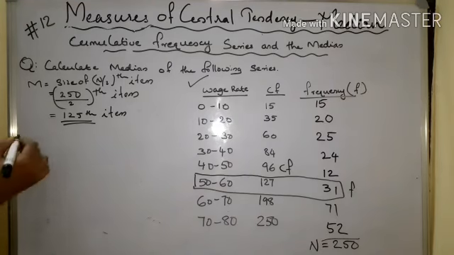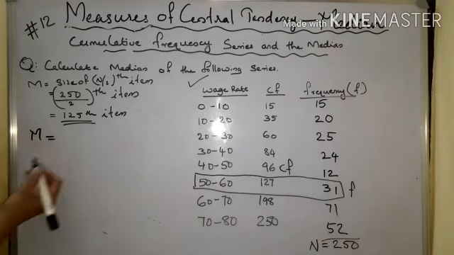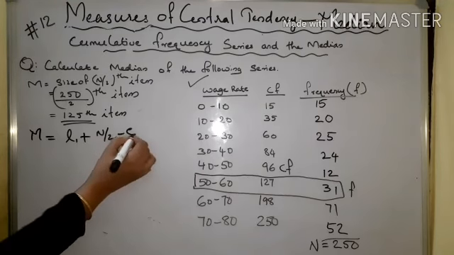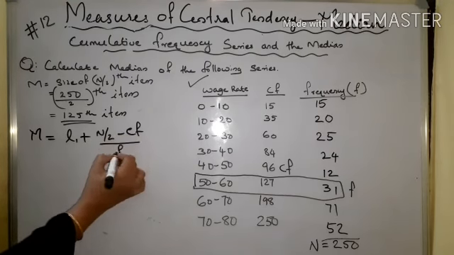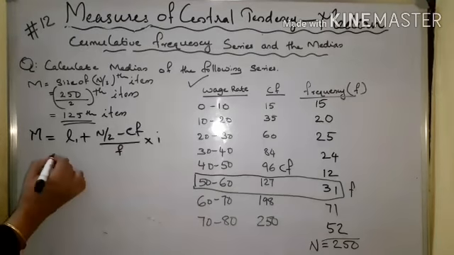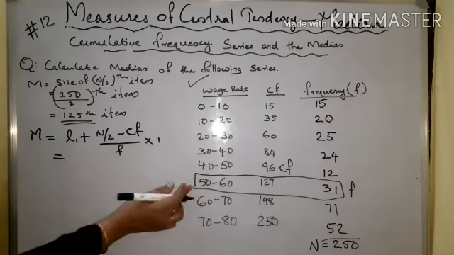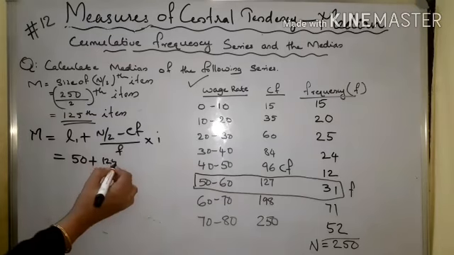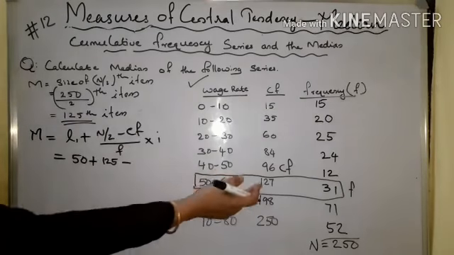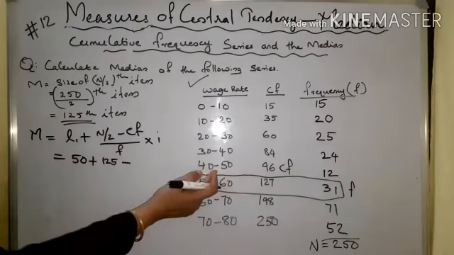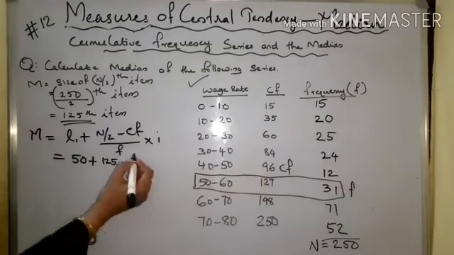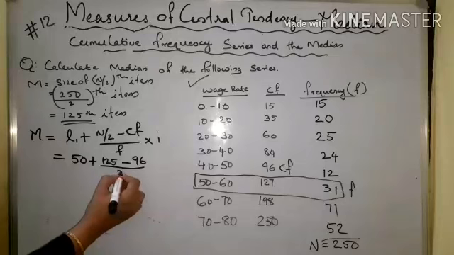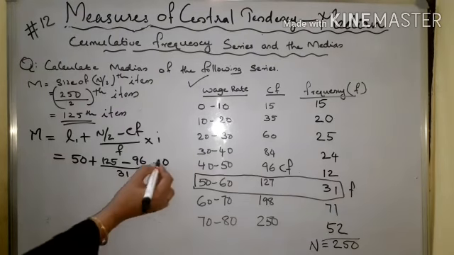Then next step, apply the equation. M is equal to L1 plus n by 2 minus CF divided by F into I. L1, the lower limit of the median class, is 50, plus n by 2, that is 125, minus the cumulative frequency of the preceding class, 40 to 50, that is 96, divided by the frequency, 31, into 10.